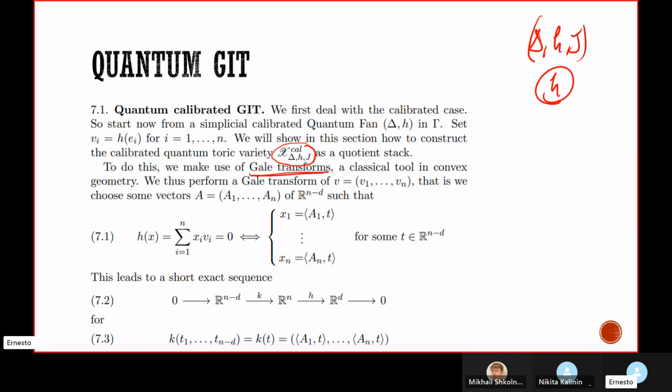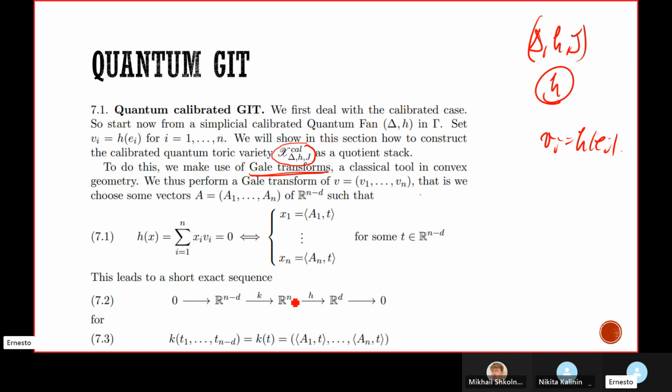This can be written in a more invariant form, but I'm writing it like this today. So if h of x is this, and these are the v_i that are the images of the basic vectors, then I choose these vectors in R^(n-d) here.